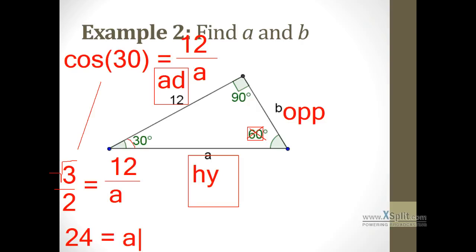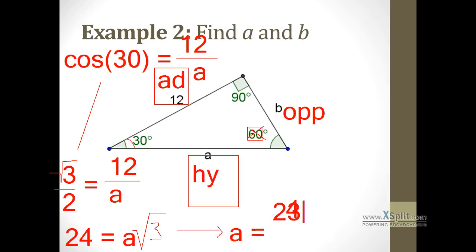So 24 is equal to A root 3. Dividing both sides by root 3, we're going to get A is equal to 24 over root 3.